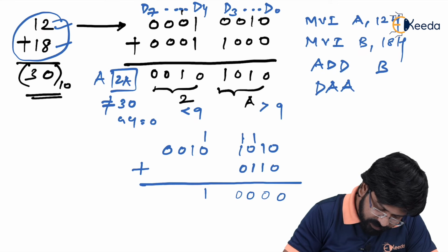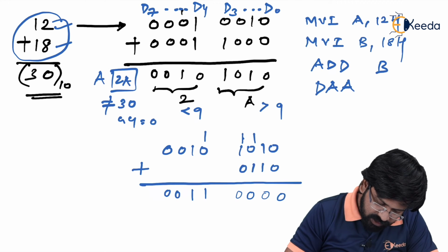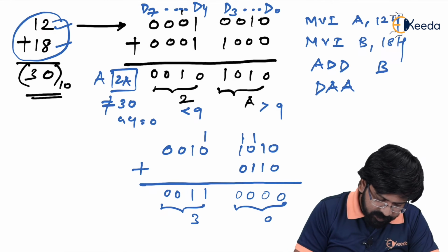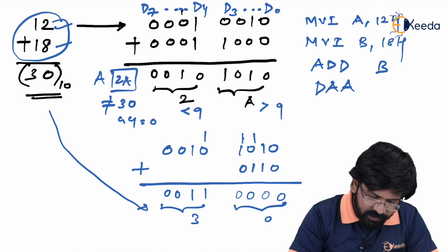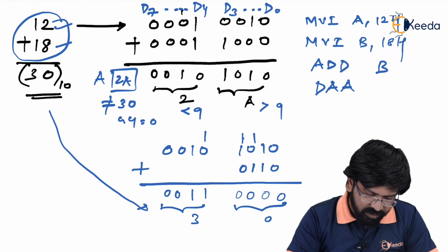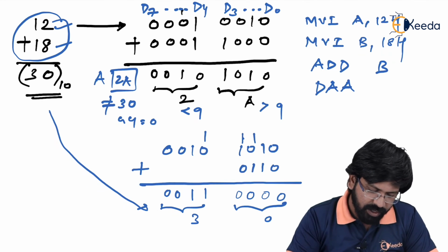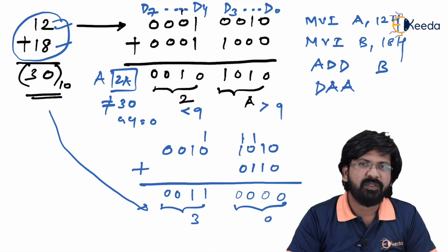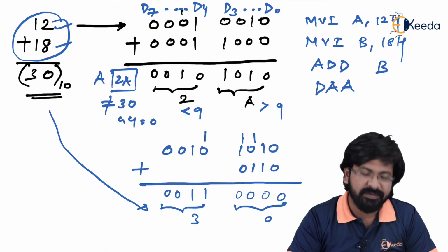So we have 1 here, this is 1 0 0. Now you can check, this is 3 and this is 0. So this was the expected result, right? This is how it does BCD addition. Now I'm sure you must have understood with one example how we have done this. Now we'll take one more example to understand it in a better way.